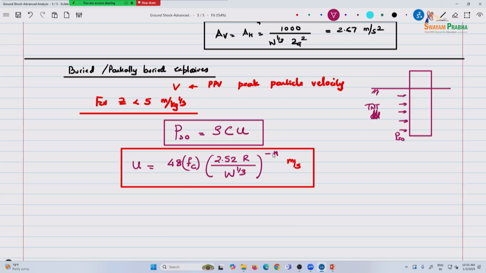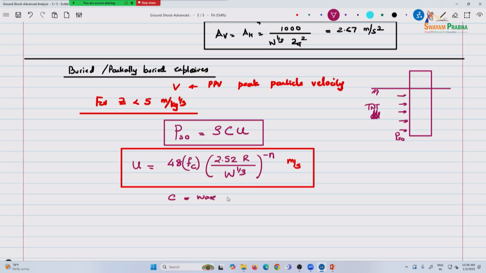Minus N. C is the, this is an attenuation coefficient. I'll address all of that.